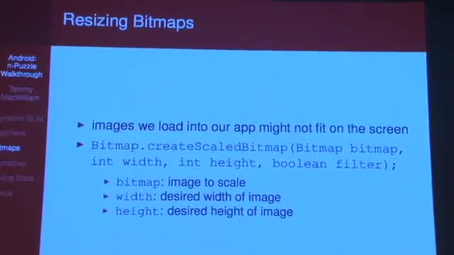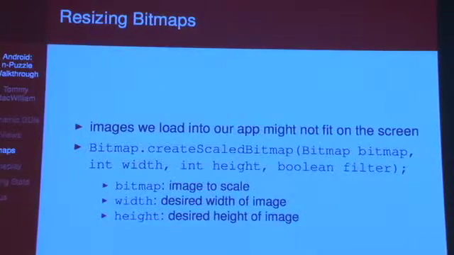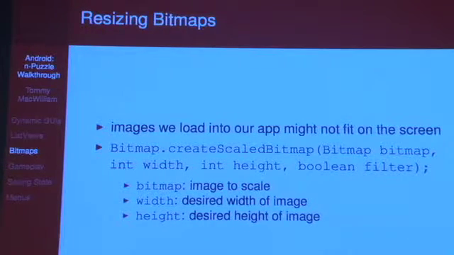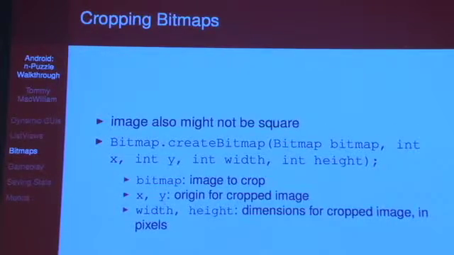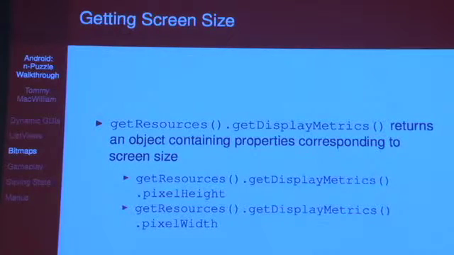And what this does is it's going to take as an argument one of these bitmap objects, or this internal representation of an image, and then you can ask it, well, I want the width and the height to be whatever I want, which in this case could be something that you specify as a function of the screen size. So the screen size can just really easily come from this method getDisplayMetrics, which will just return to you the screen size in pixels of the width and the height.